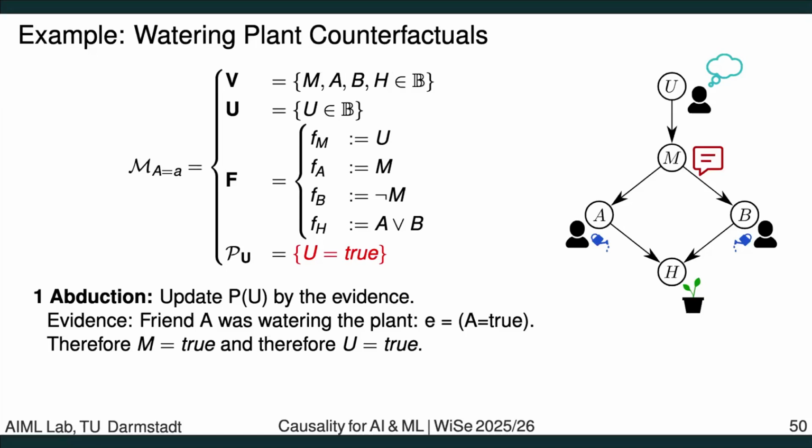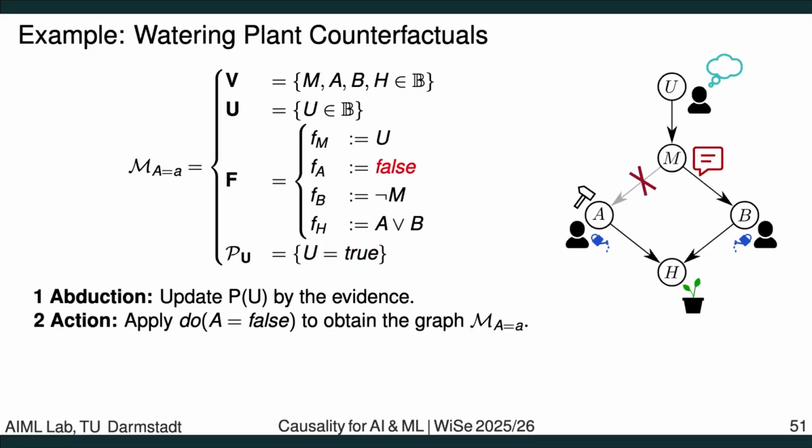So given A, we know that M was true, and we trace back through the structural equations, which just copy the value of A, and then M has the same value as U, so we can infer that U was true in this setting.